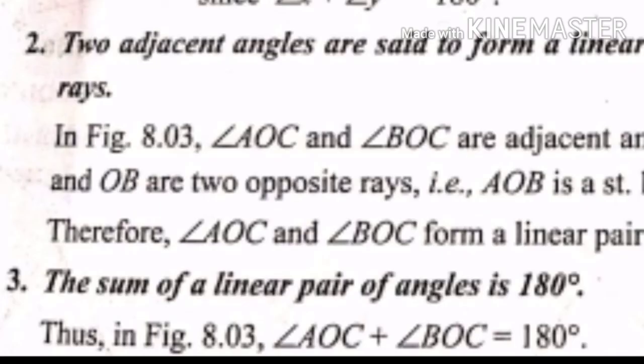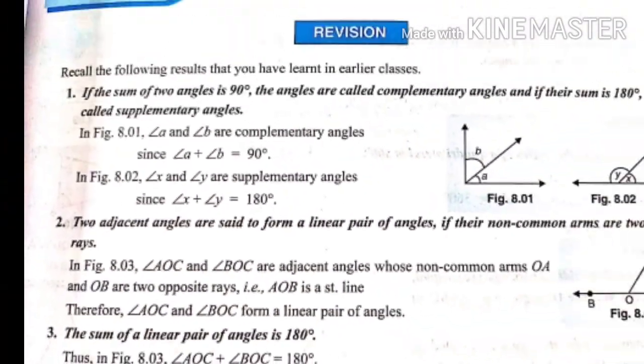Now you can see your next topic is that the sum of all the angles on the same side of a line at a given point is 180°. Means if we form so many angles, then also the sum of all the angles is equal to 180°.